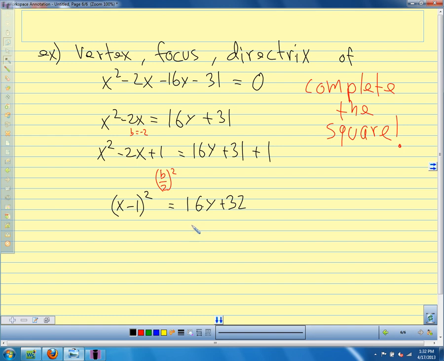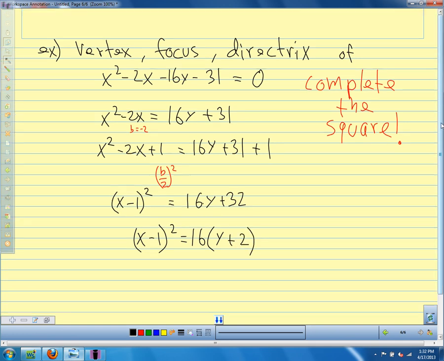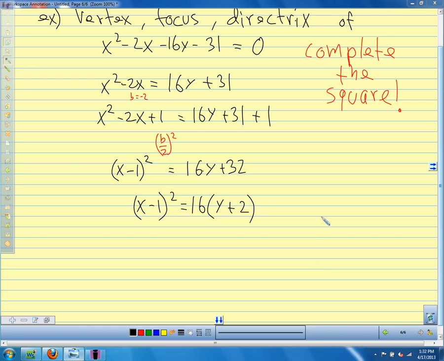I have the number outside of the parentheses. So I'm going to factor out the 16: y plus 2. So here is my standard form of my equation. There's standard form.